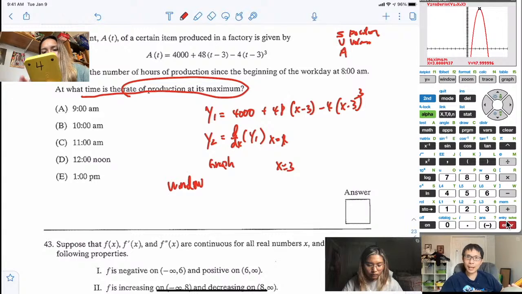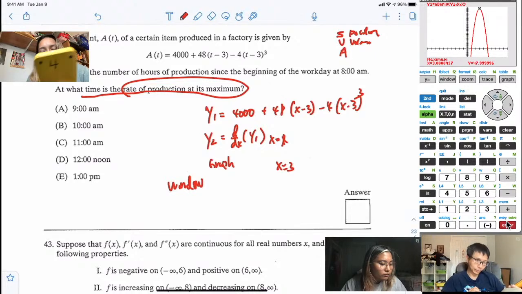But 3 is not in the answer choices. Can you guys tell me why 3 is not an answer? Let's read the question again. See if you can figure out what 3 means.